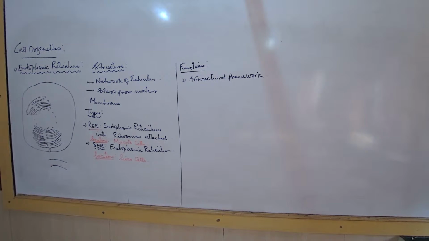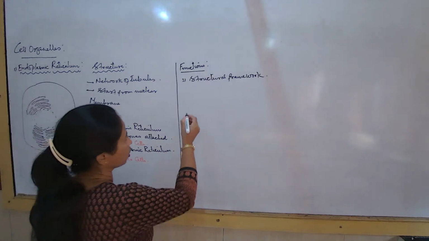The membranes of the cell will start collapsing, just like in our body the bones and cartilage give us a proper structural framework. Same like that, the endoplasmic reticulum gives a structural framework.